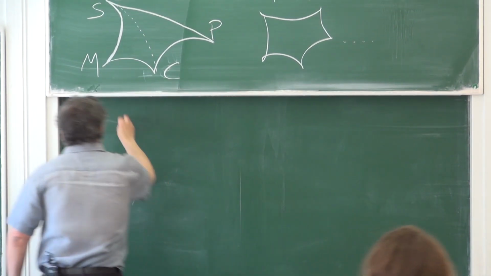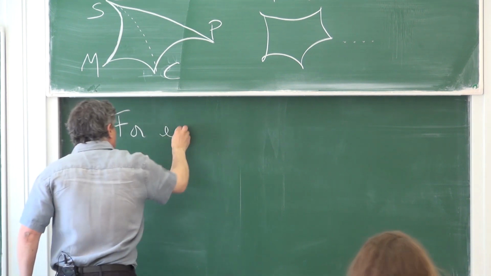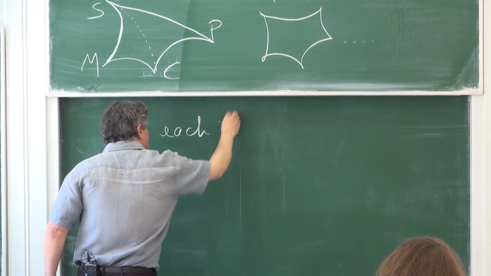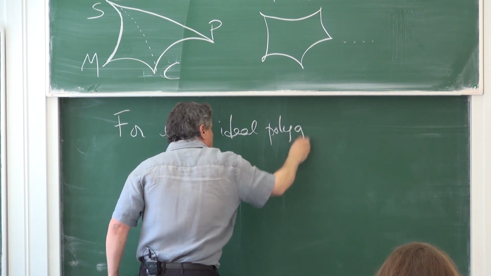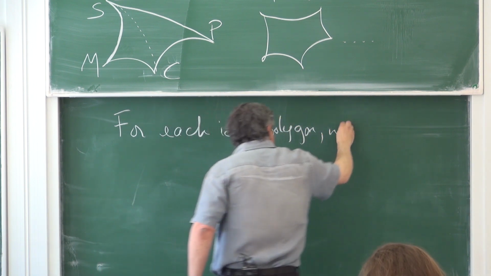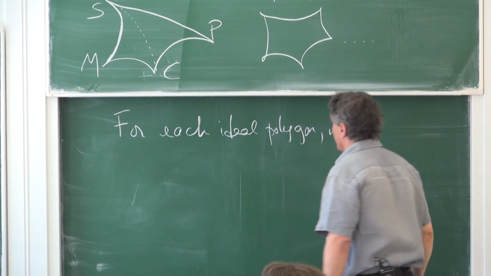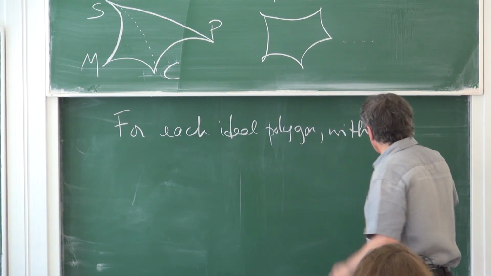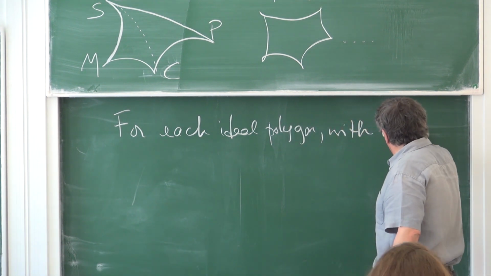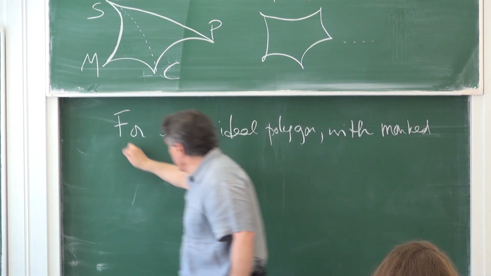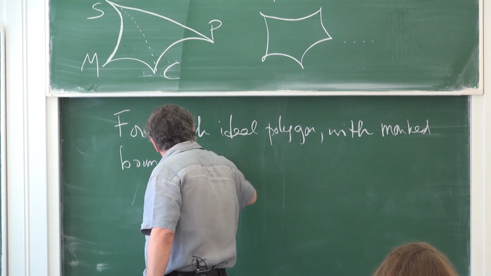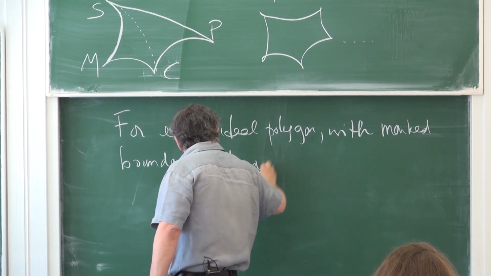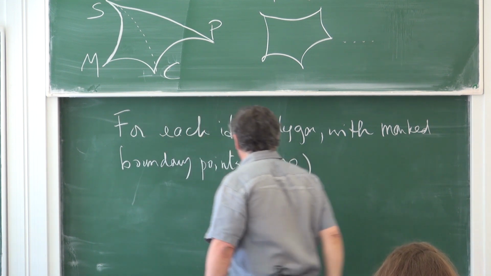And the goal for each ideal polygon with marked boundary points at infinity.